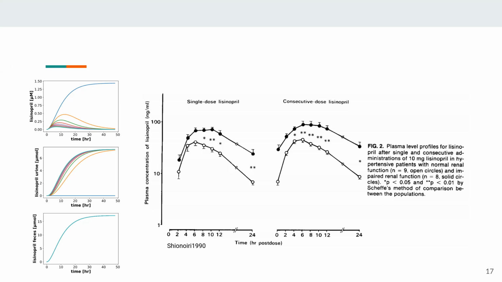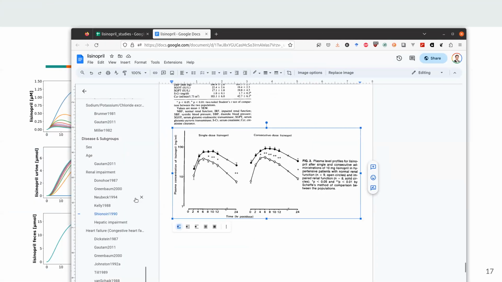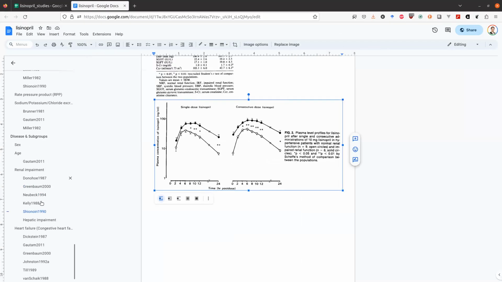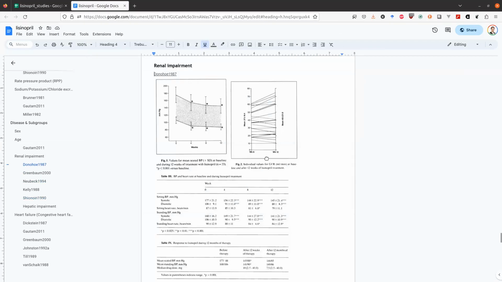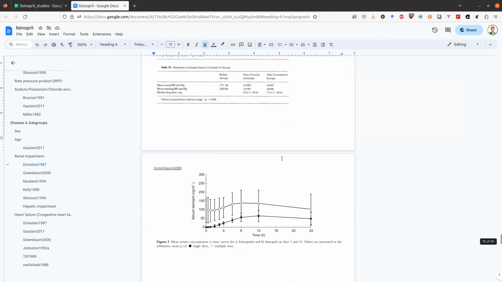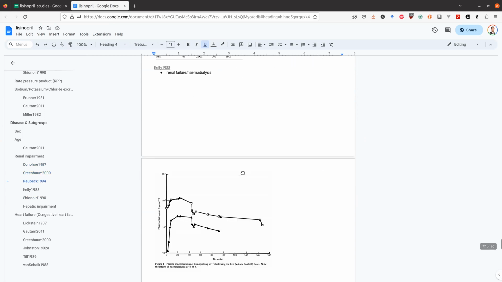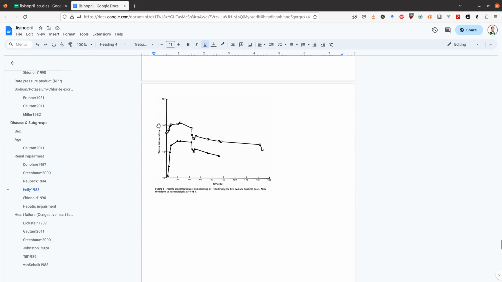If you go to this document, we have a subset of this renal impairment, and there you can see the increase in plasma concentration which we expect, or this multiple dose and this flat thing, you see it in some of the studies. You also have some data about dialysis patients and how this would change. So this could also be something which we could model and which could validate the renal predictions.